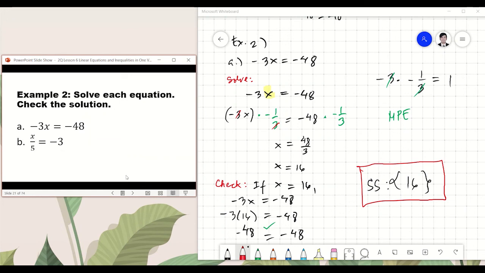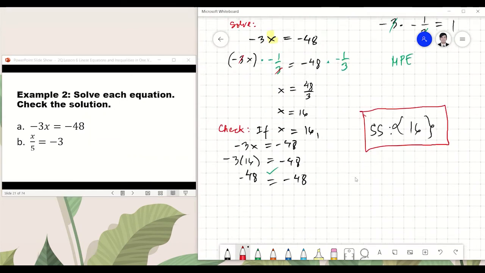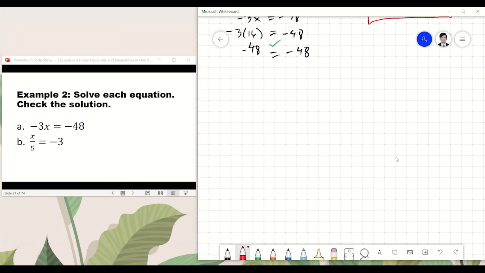Okay, let's have example 2b. The given now is x over 5 is equal to negative 3.